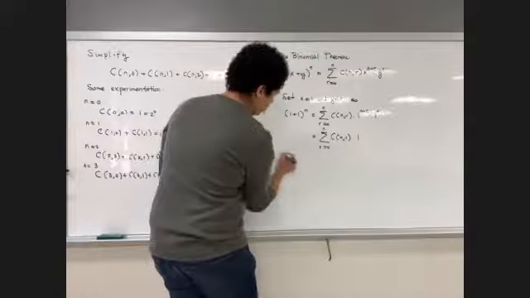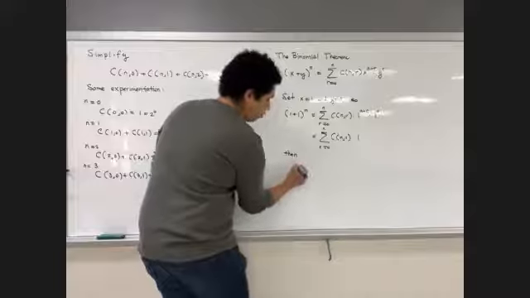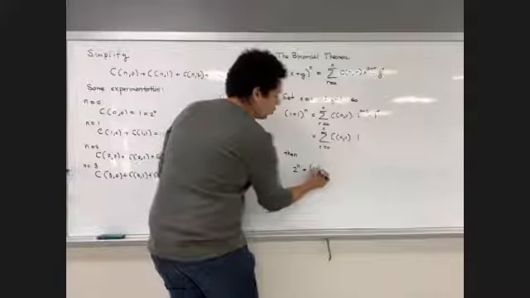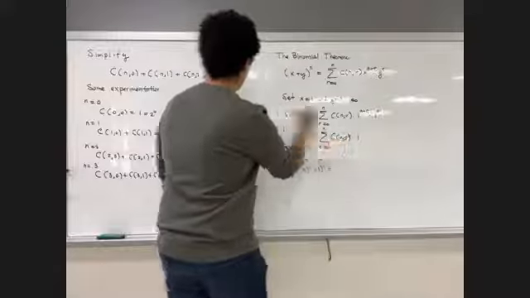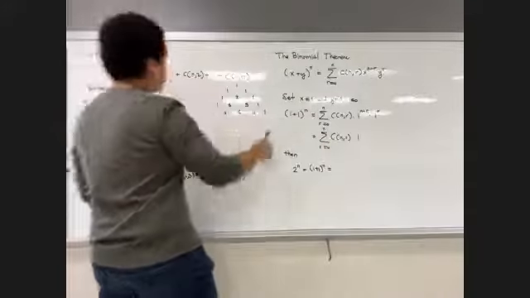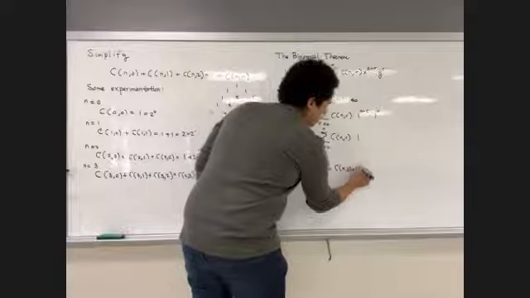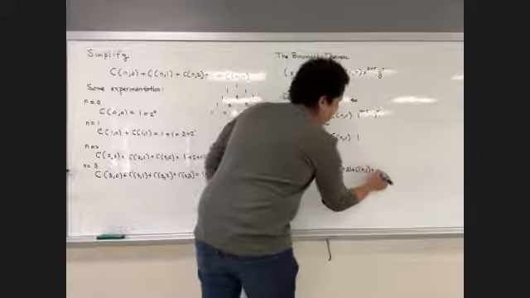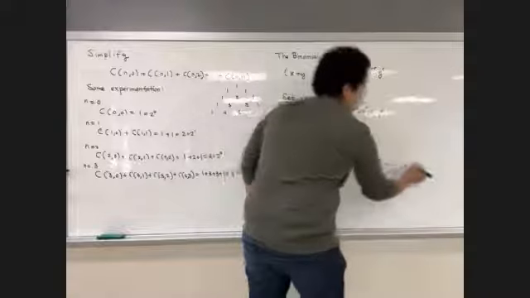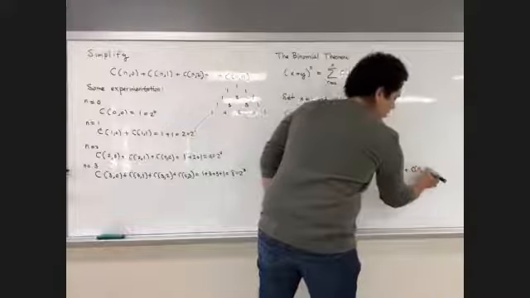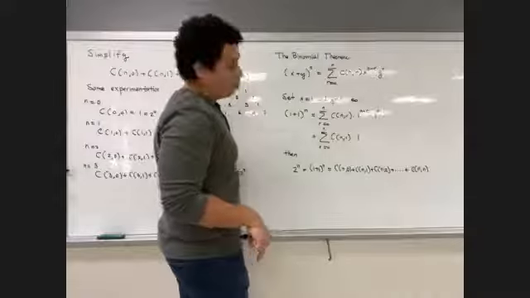So I get that 2 to the power of n, which is (1 plus 1) to the power of n, is nothing else but this sum. But this sum is the one that we got here, so I'm just going to replace it. This is C(n,0) plus C(n,1) plus C(n,2) all the way up to C(n,n). And well, that finishes the problem. Take care.